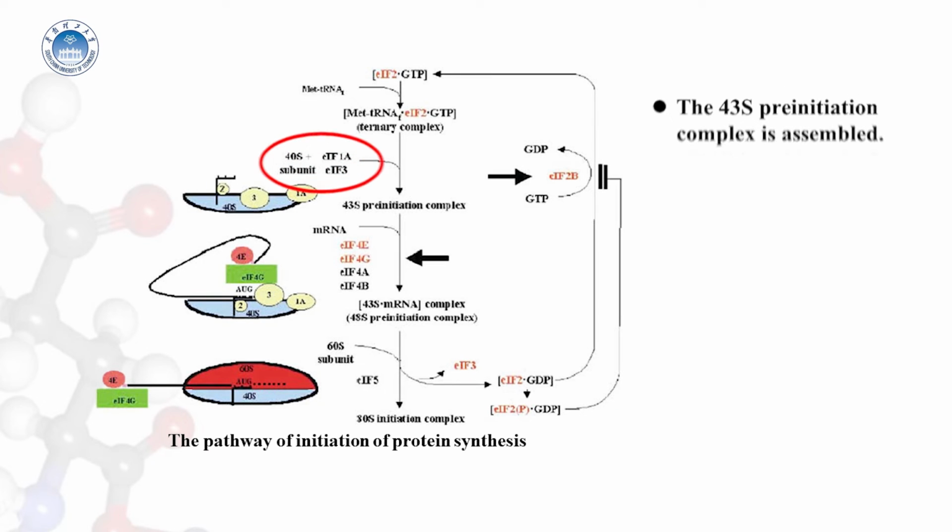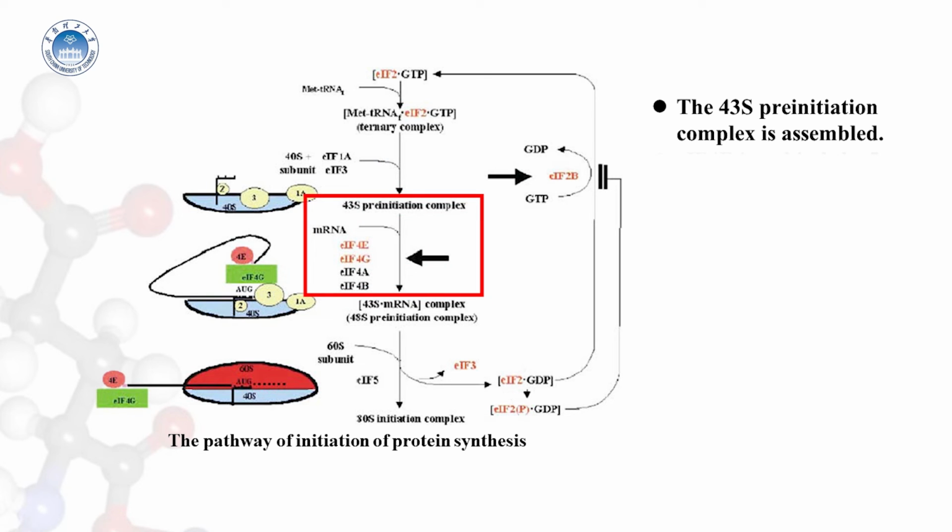The 43S pre-initiation complex is assembled by association of the ternary complex with the 40S ribosome subunit, to which initiation factors eIF1A and eIF3 are already bound.